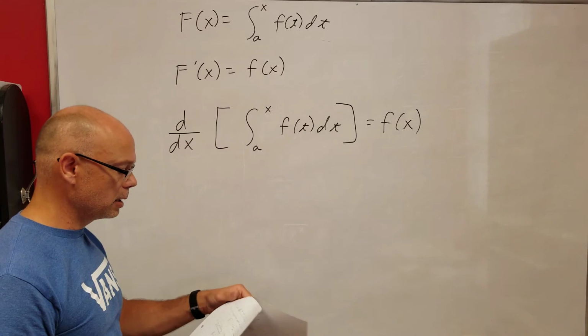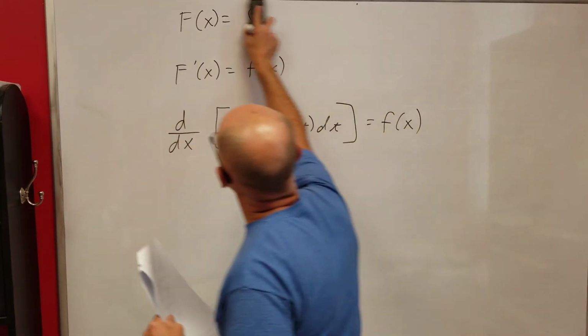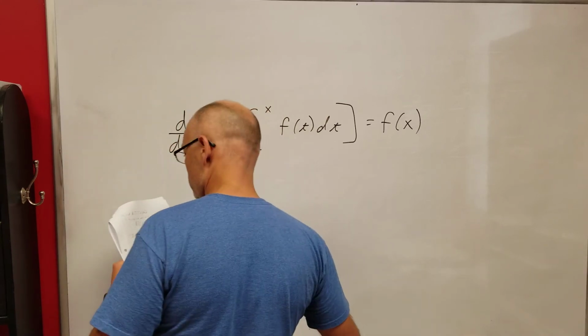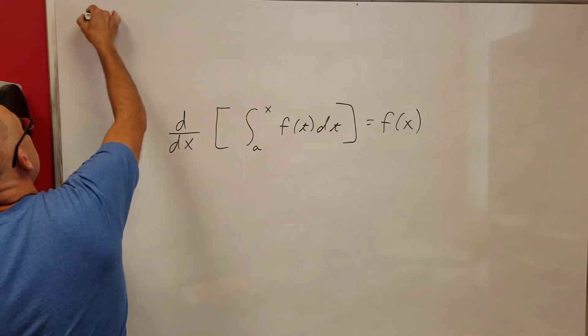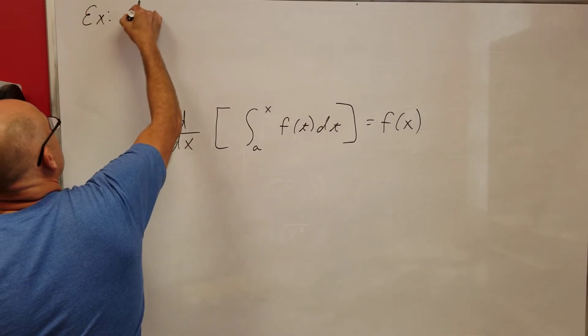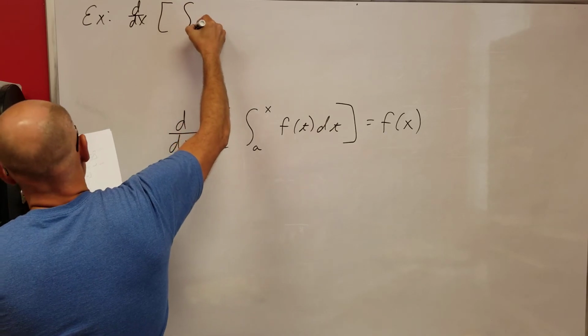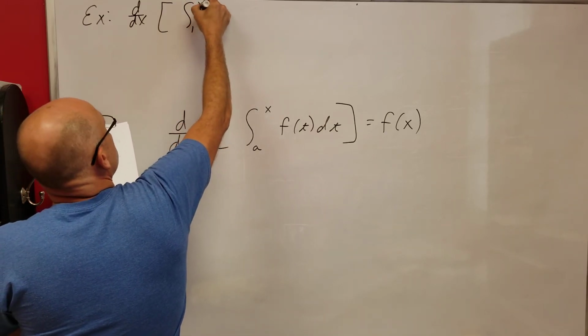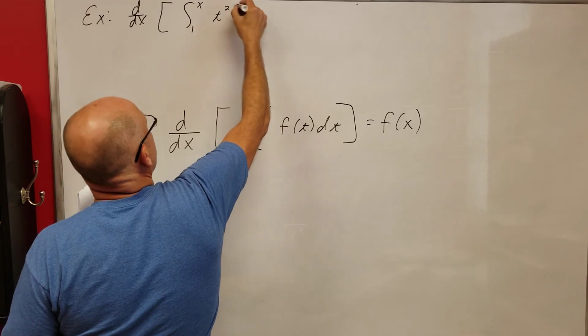All right, so let's look at our example. It says, find d over dx of this thing, the integral from 1 to x of t squared dt.